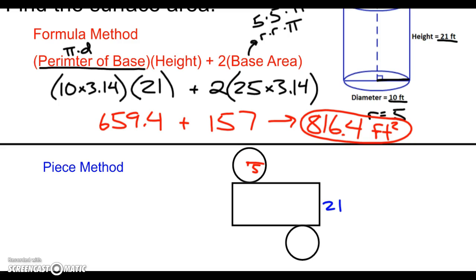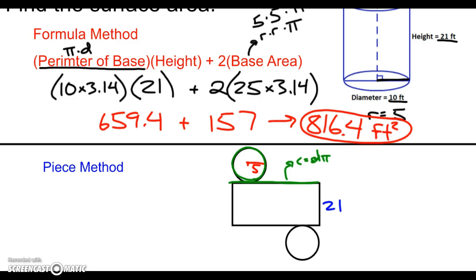Really we just want to find the area of all these pieces. But the toughest part about unfolding this is this length right here. That actually is the circumference. That's the part that wraps around your circle if you were to fold this thing back together. So this line is your circumference, which is diameter times pi.